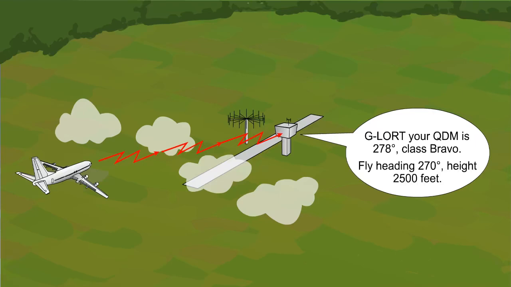In the QGH procedure, the controller obtains bearings from the aircraft's transmissions, interprets this information, and passes to the pilot headings and heights to fly designed to keep the aircraft in the published pattern. Normally, at civil aerodromes, only the QDM procedure is available.